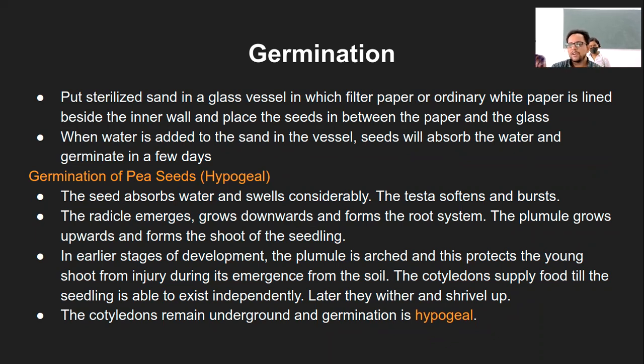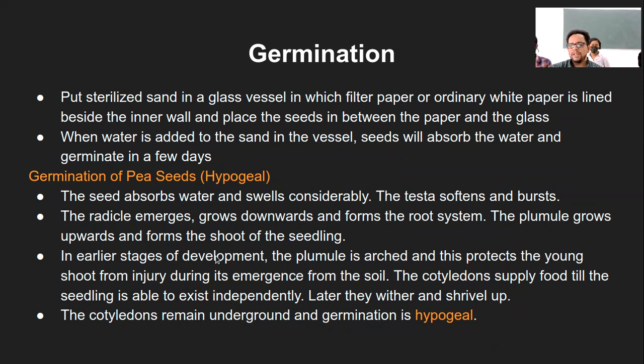It will swell considerably, the testa softens, and it will ultimately burst out so that the plumule and radicle start growing out. The plumule is the shoot system and the radicle is the root system. They will start growing in the form of a seedling, what we call a sprout. Then the plumule will be arched.